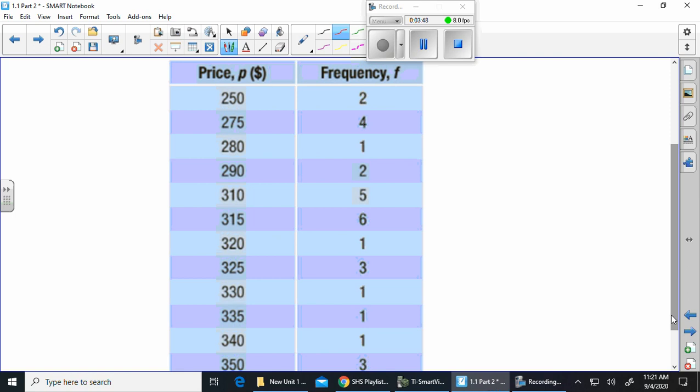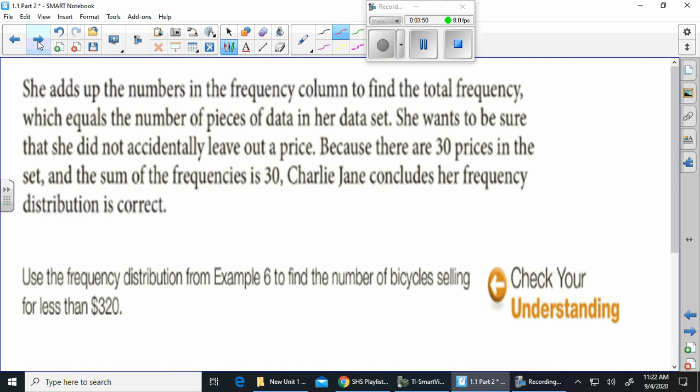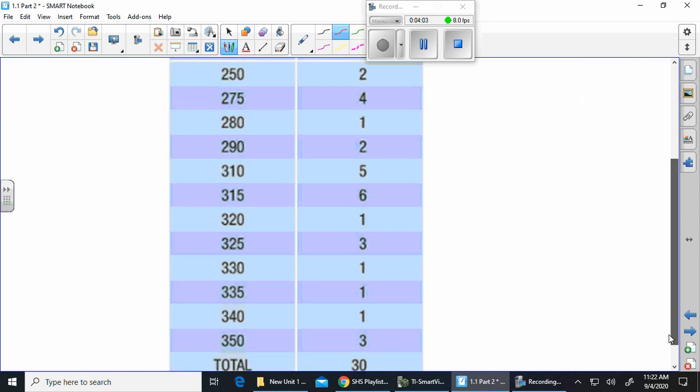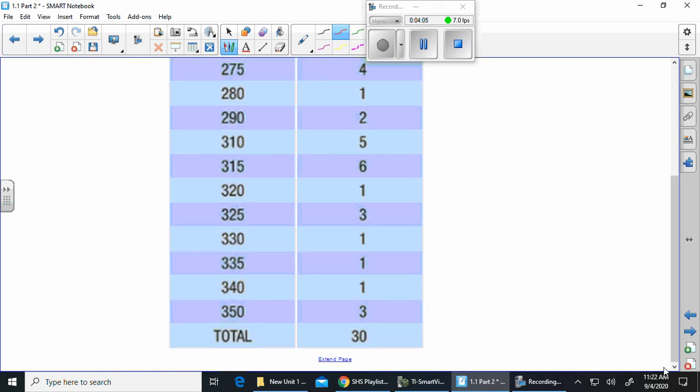But now, if I said, okay, how do you find the mean? Like this, if we said she adds up the numbers to find the total frequency, if I would have gone back to the bottom here, there were 30 bikes that she looked at their prices.